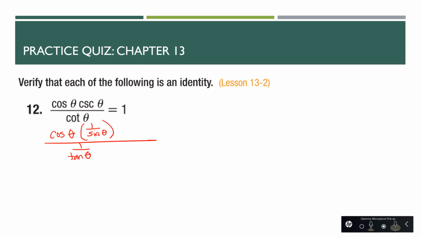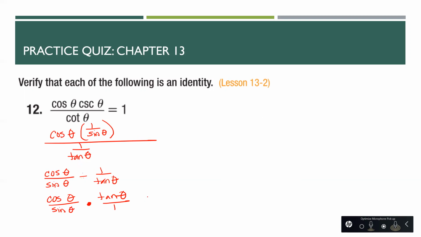So I can rewrite this. I'm dividing these fractions. So I have cosine of theta times 1 over sine of theta, okay? And then I'm going to divide by 1 over tangent theta. So I keep the first fraction, I flip the second fraction, and I change division to multiplication, okay?